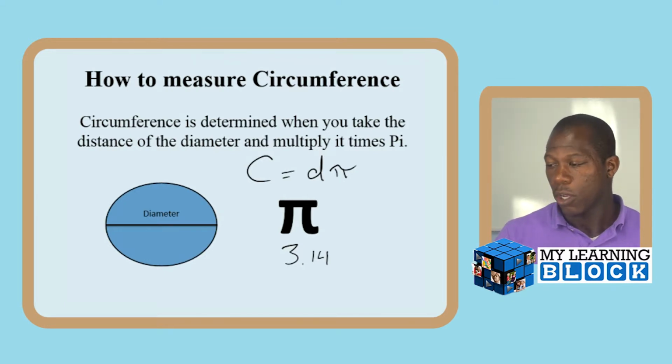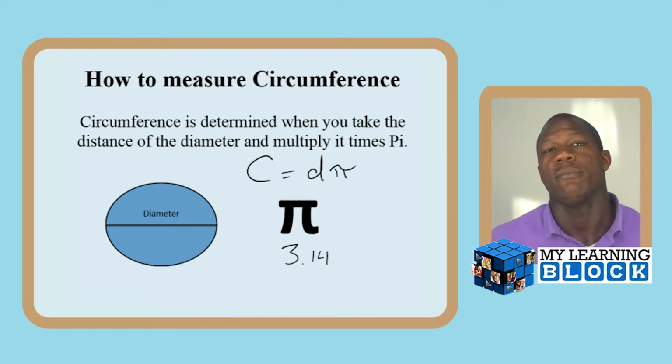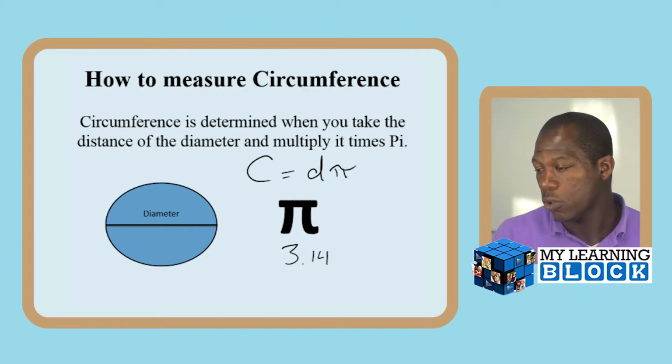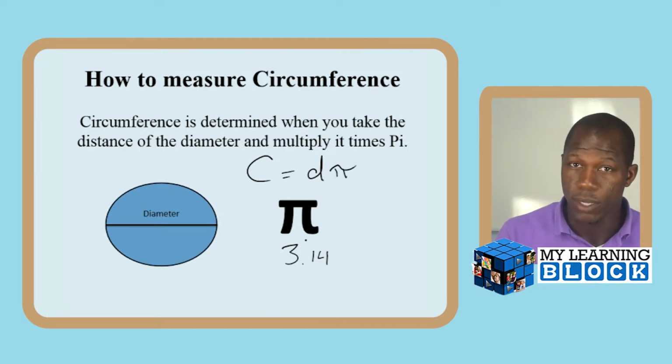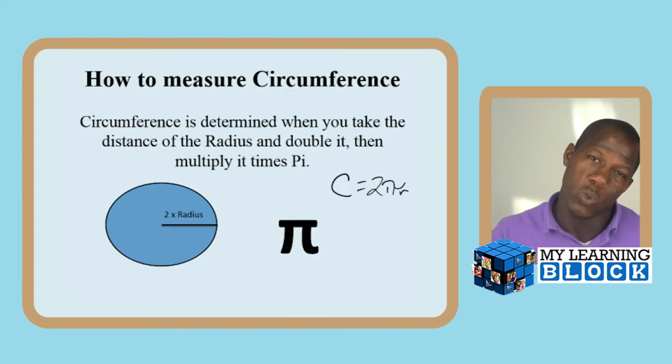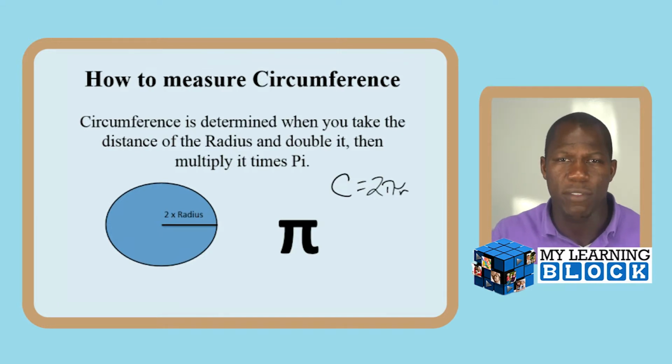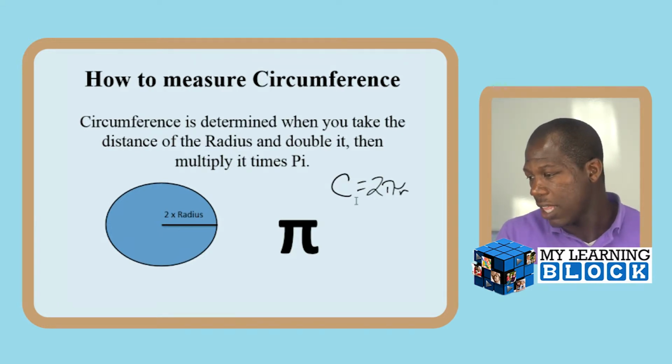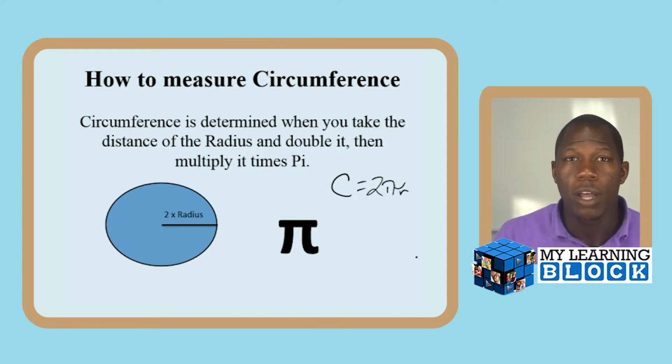But anyway, when we are going to determine the circumference of a circle, we are going to find the diameter and multiply it by 3.14. Or if you want to be one of those old school people, or if you just happen to have the radius, or your child has a radius, then they could say to find the circumference is 2 pi r.